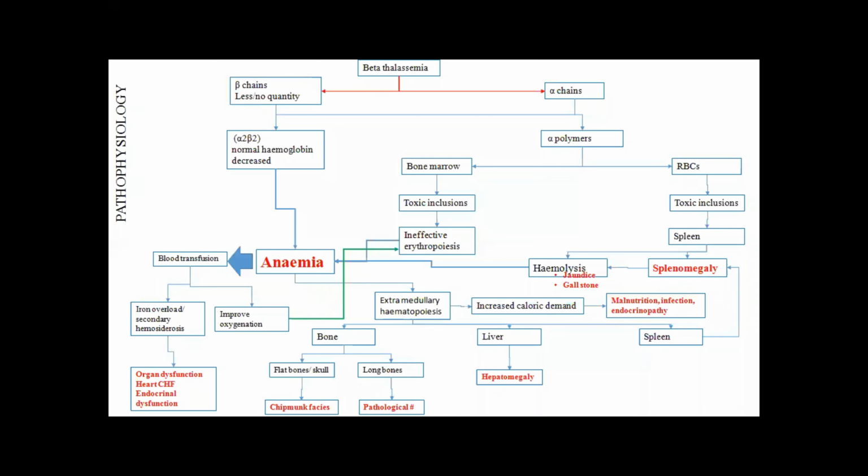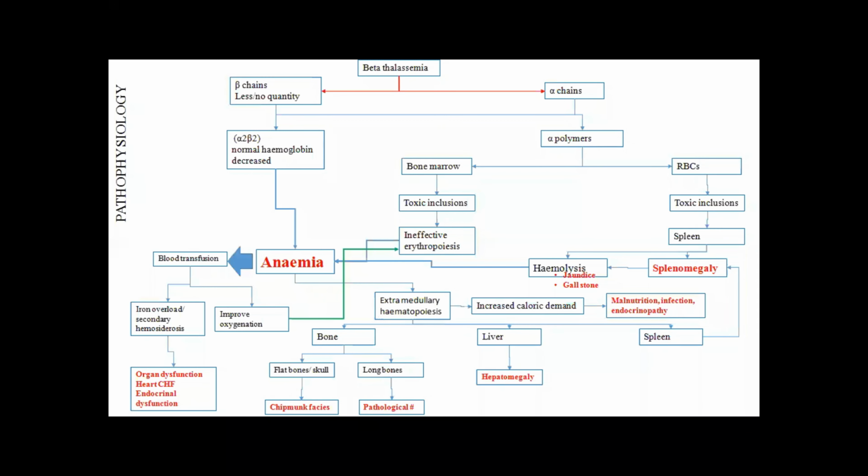To summarize this pathophysiology, anemia is the central feature. The first part of the flowchart till here deals with the generation of anemia, and the second part deals with the effect of anemia in thalassemia.